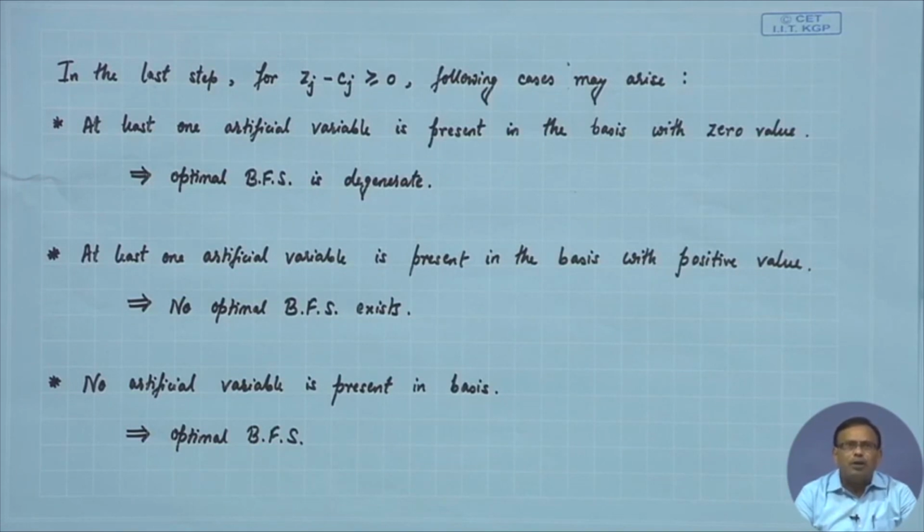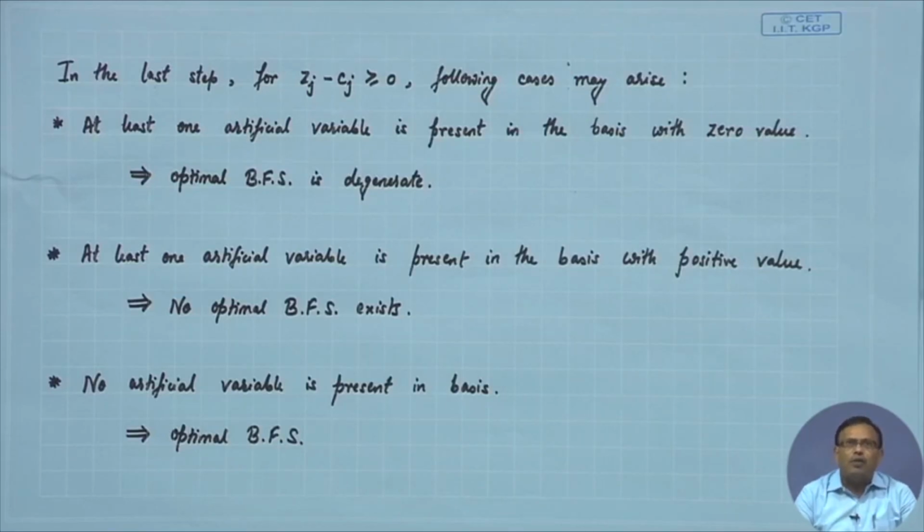Number 3 is no artificial variable is present in the basis and Zj minus Cj is greater than or equal to 0. That means we have obtained the optimal basic feasible solution. So, please note that Zj minus Cj greater than or equal to 0 for all j does not imply that you will obtain the optimal solution.